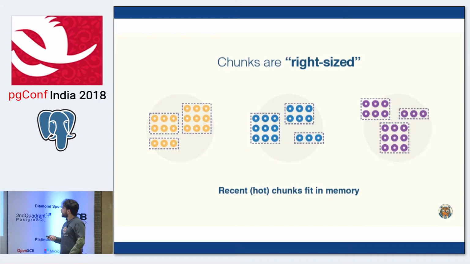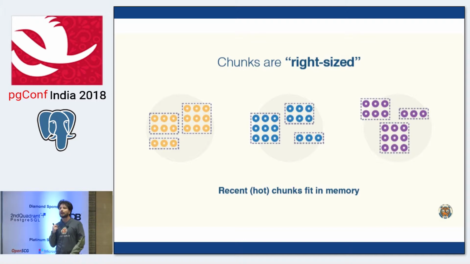There's a bunch of chunking benefits. One of those benefits is that chunks are right-sized. And what we mean by that is that we size the chunks so that the indexes belonging to an individual chunk now fit in memory.